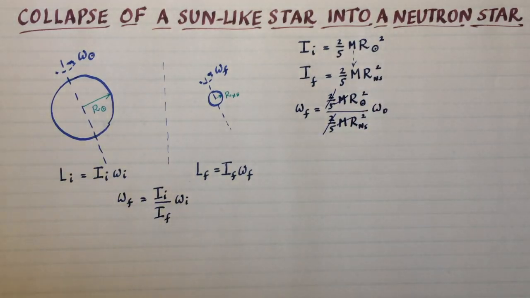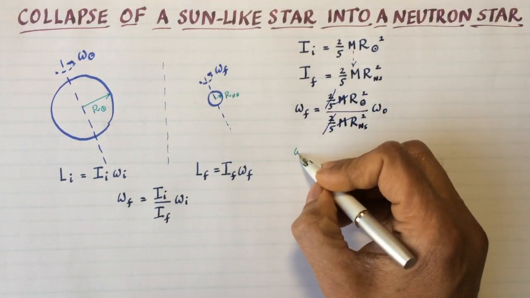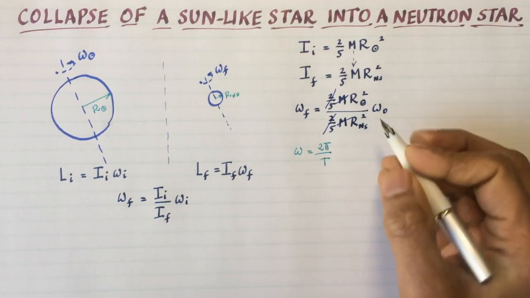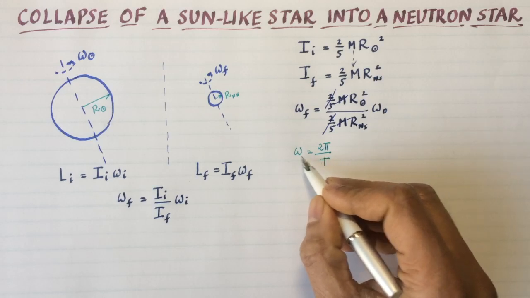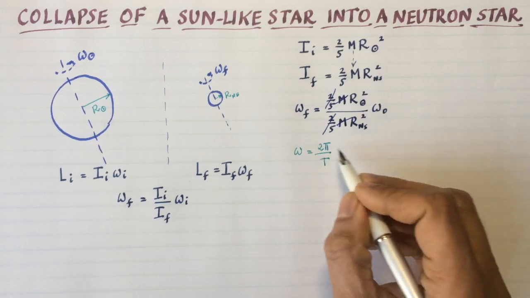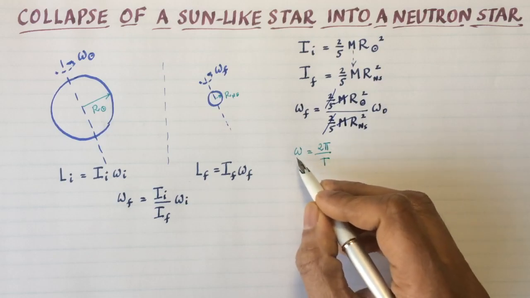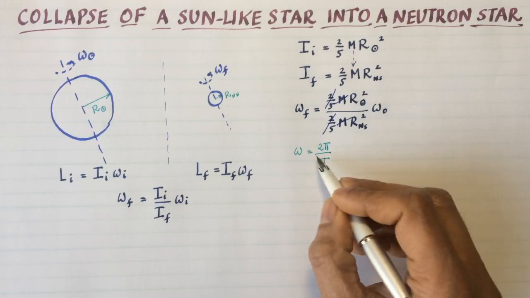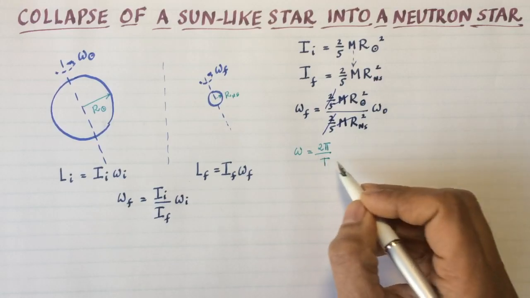Now omega is a little more abstract than the period of rotation, so I'm going to use the period instead. Omega by definition is 2 pi over T, because T measures the time taken to go 2 pi around, and that's precisely the definition of omega. It's the angle covered, which is 2 pi radians, divided by the time taken, which is called the period.